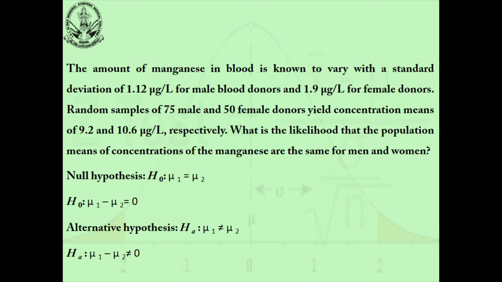Suppose we are talking about the amount of manganese in blood, which is known to vary with a standard deviation of 1.12 microgram per liter for male blood donors and 1.9 microgram per liter for female blood donors.